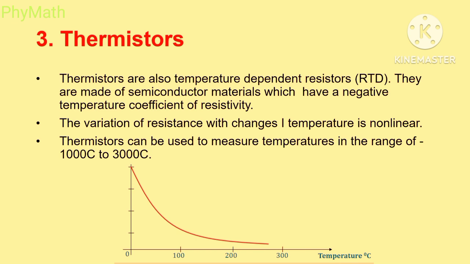Now this graph indicates the temperature versus the resistance, and this graph shows the negative temperature coefficient. As the temperature goes on increasing, the resistance goes on decreasing. That indicates the working of the thermistor totally depends on the negative temperature coefficient of resistivity.